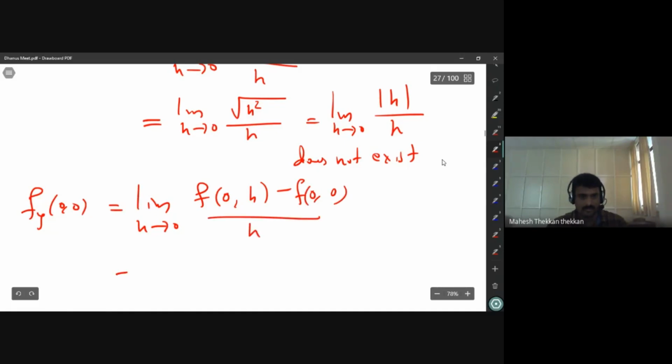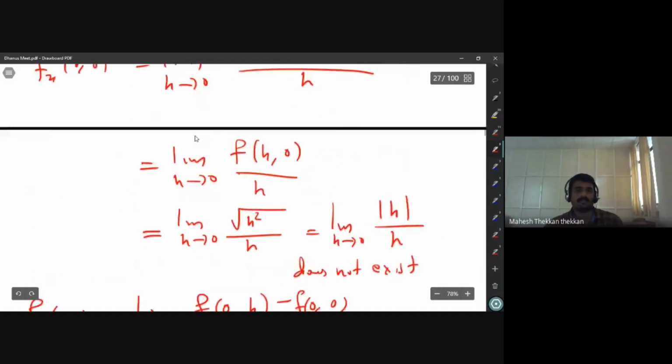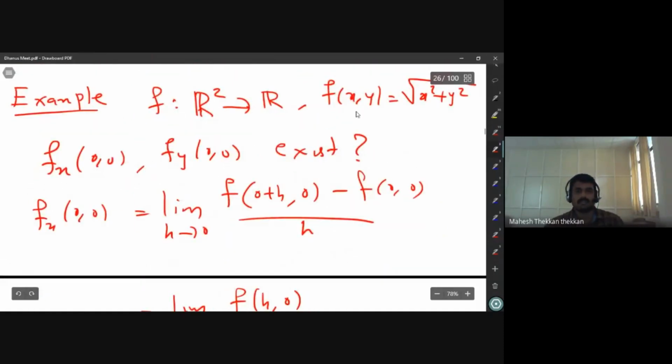This is also the same as limit h tending to 0 of square root of h square by h. So this is limit h tending to 0 of mod h by h. So this value does not exist. Does not exist. Okay.